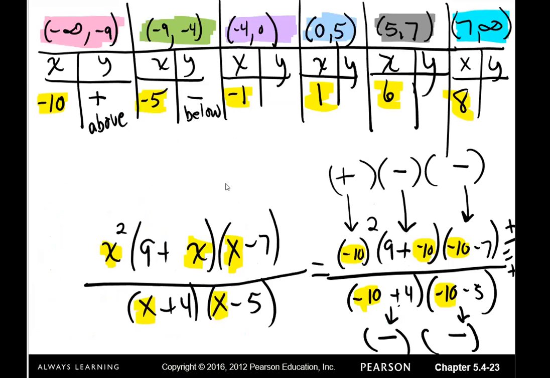And then I just do the same. When I plugged in the negative 1, between negative 4 and 0, I ended up getting a positive answer, so it was above. And then between 0 and 5, I plugged in a positive 1.